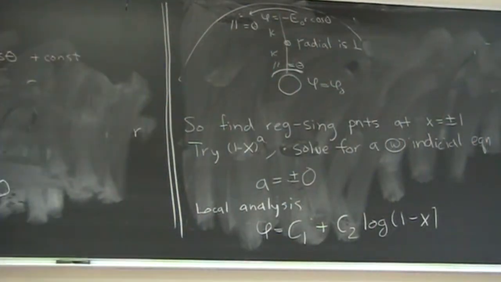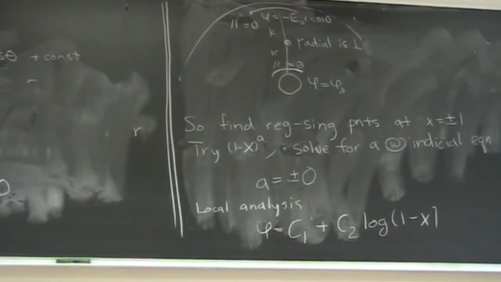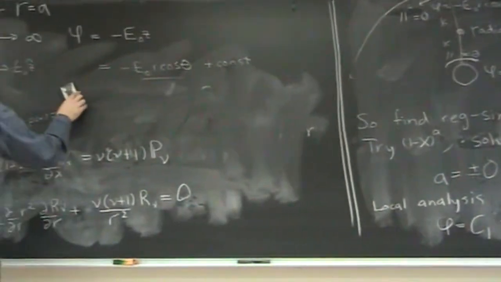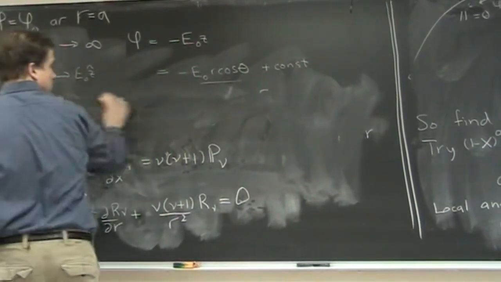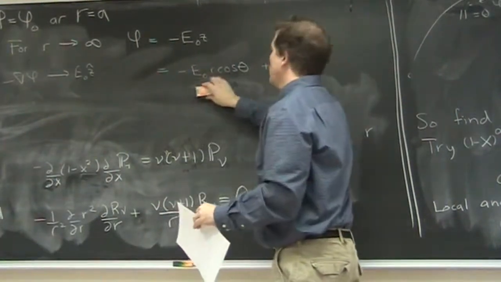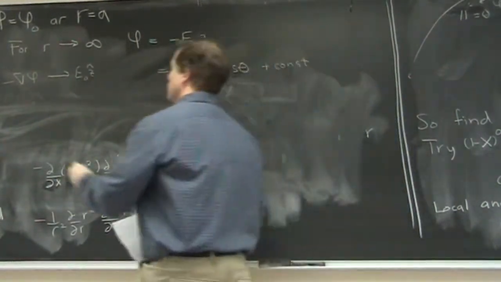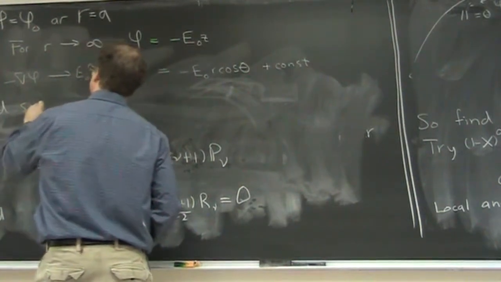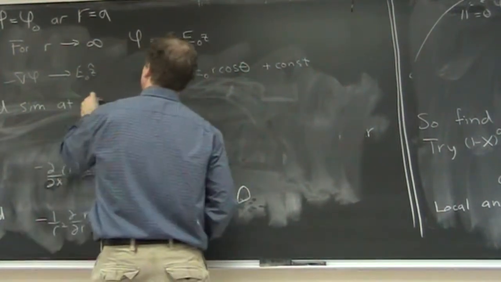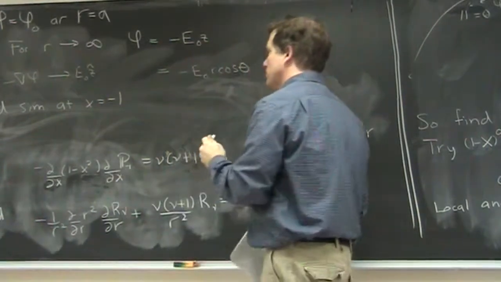Okay. So now we have the two solutions, and then we have to do the same thing at x equal minus 1. Analyze x equal 1. And similarly, the equations are symmetric.